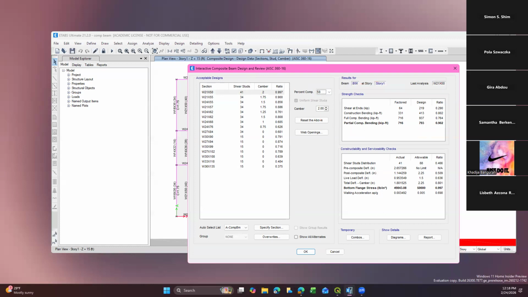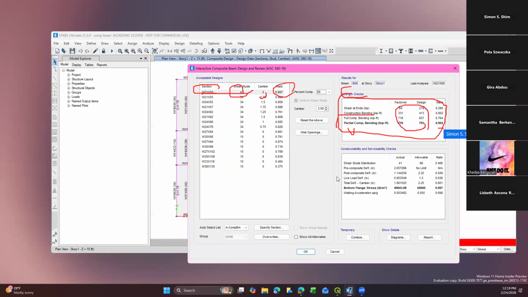All right. So this is the strength set. What all your teams have to address is what kind of beam size, number of studs, camber, and stress ratio you come up with. So for the strength check, you need to elaborate based upon the ETABS current design requirement. In phase one and the permanent condition, we meet that capacity, right?